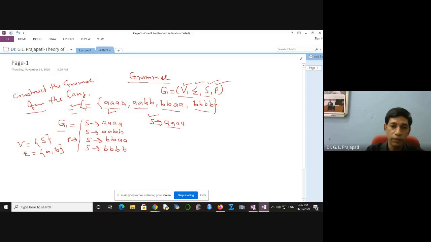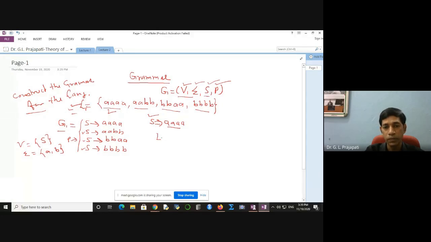Again, if you go for the sentence AB, you can follow these rules. If you go for BA, you can follow these rules. And if you want to generate BB, you can follow this rule. So what is the difficulty in this grammar? This is also a grammar for this language. Why is this a grammar? Because if this is the grammar for the language, then your grammar must generate all sentences of the language and no sentences other than these.